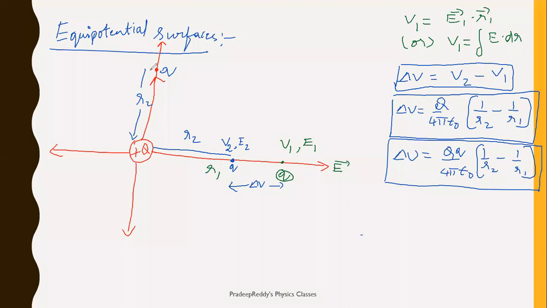Now, when you bring this test charge from the east direction to the north direction, only the direction has changed, but capital Q remains the same, small q remains the same, R2 is the same, and 1 by 4 pi epsilon naught is constant.